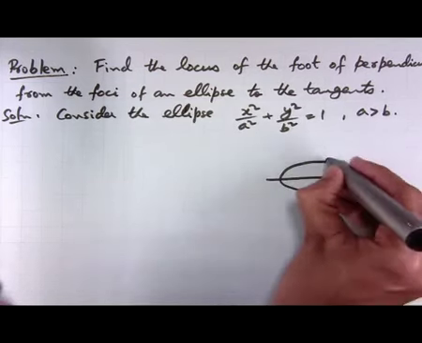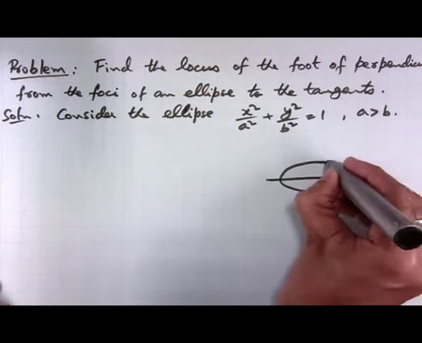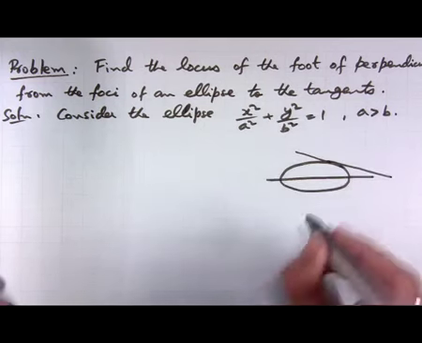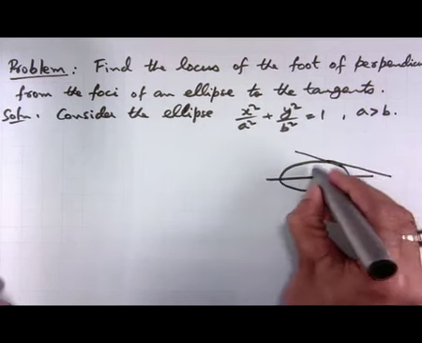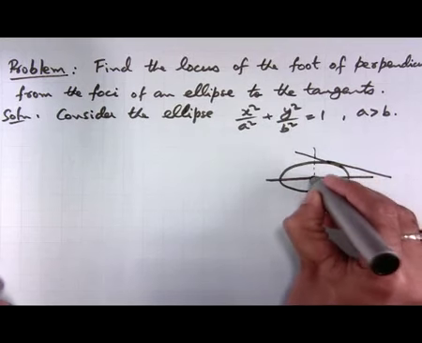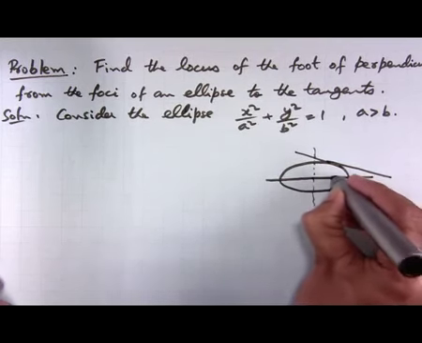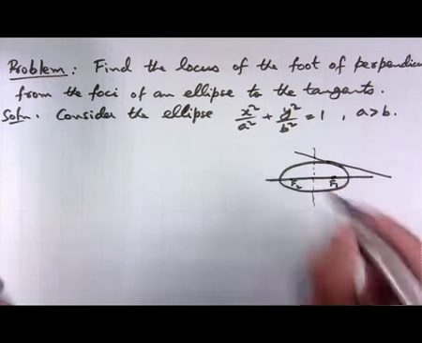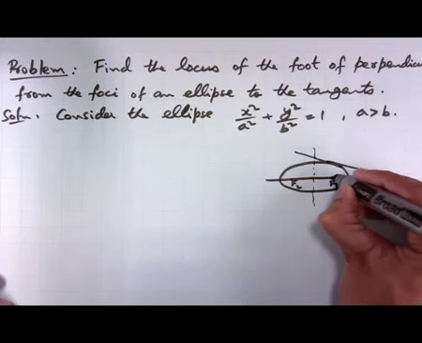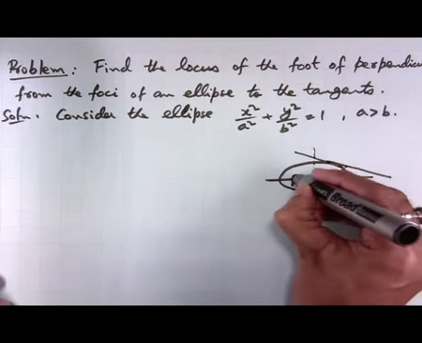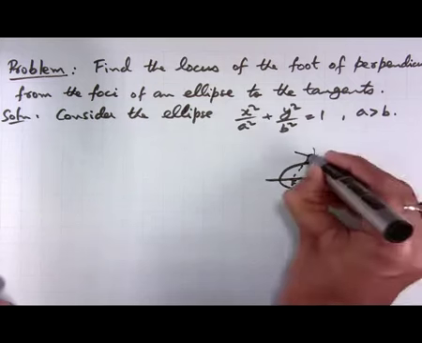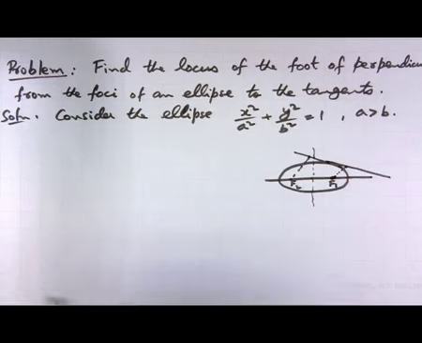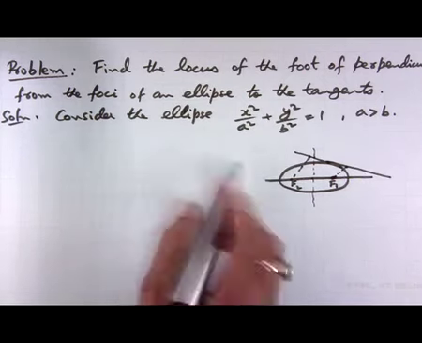Now, what we are required to do: suppose I take any general tangent to the ellipse, you can draw perpendiculars to the tangent from the foci f1 and f2, then we have to find the locus of all such points.